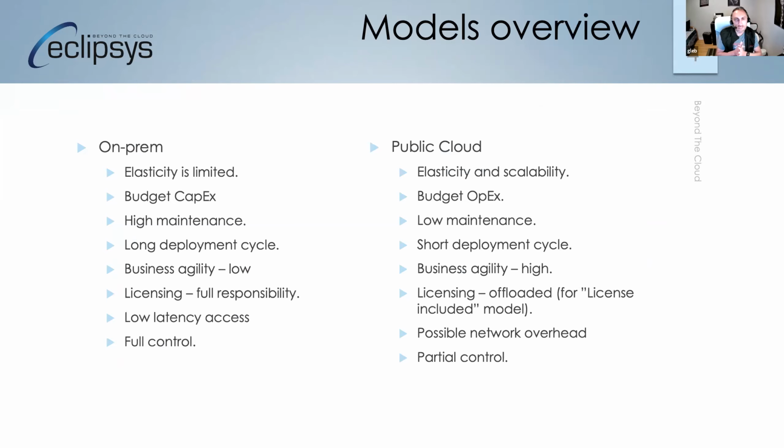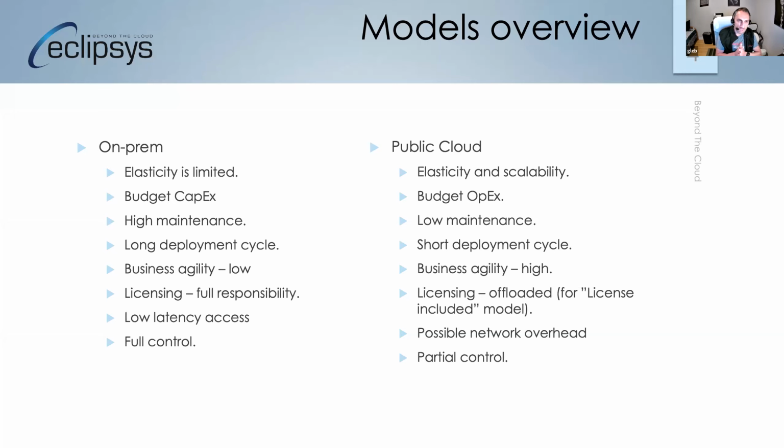Let's talk about different types of cloud, just a couple of minutes, not more than that. For example, on-prem, we have some challenges which differentiate an on-prem solution from any public cloud. Our elasticity and scalability on-prem is limited by existing infrastructure.